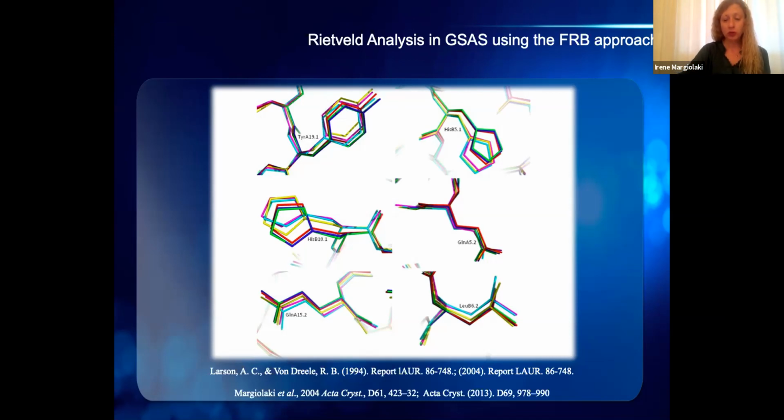So this approach made our refinements much more robust. It has been implemented in GSAS. It's software free of charge, and this is the technique we use in order to refine protein structures. More details are given in this article from 2004.